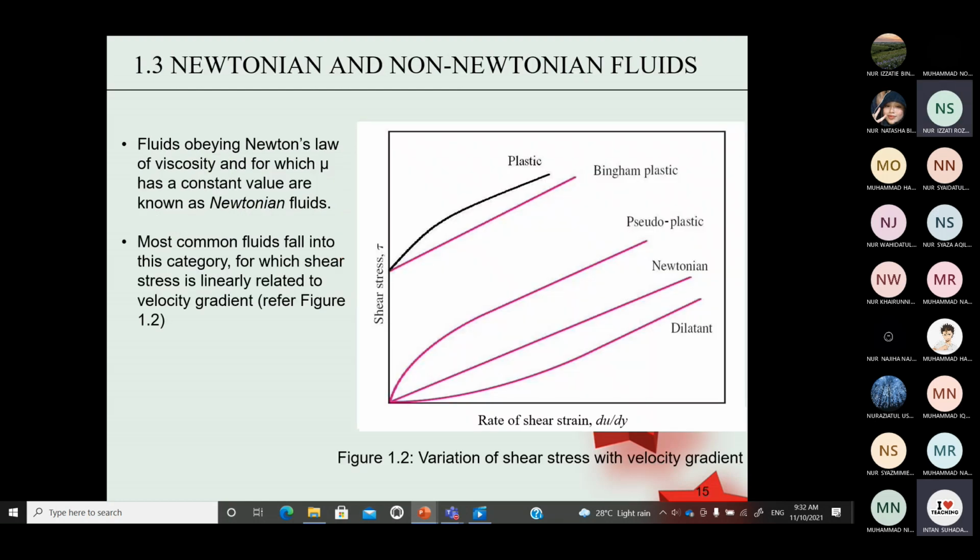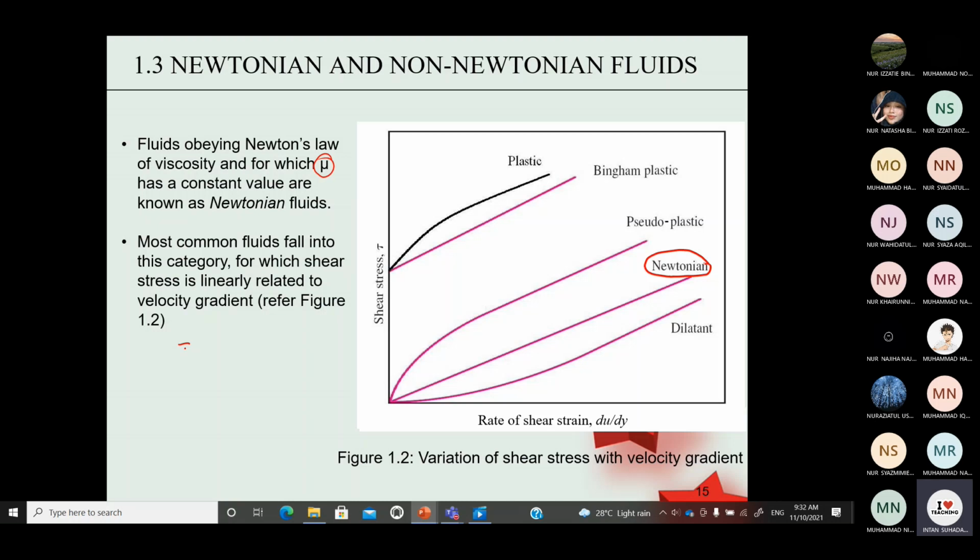Alright, for Newtonian and non-Newtonian fluid, actually this one is just a simple term. The Newtonian fluid just means fluid that obeys Newton's law of viscosity, for which their viscosity has a constant value. They are known as Newtonian fluid. So most common fluids fall into this category.